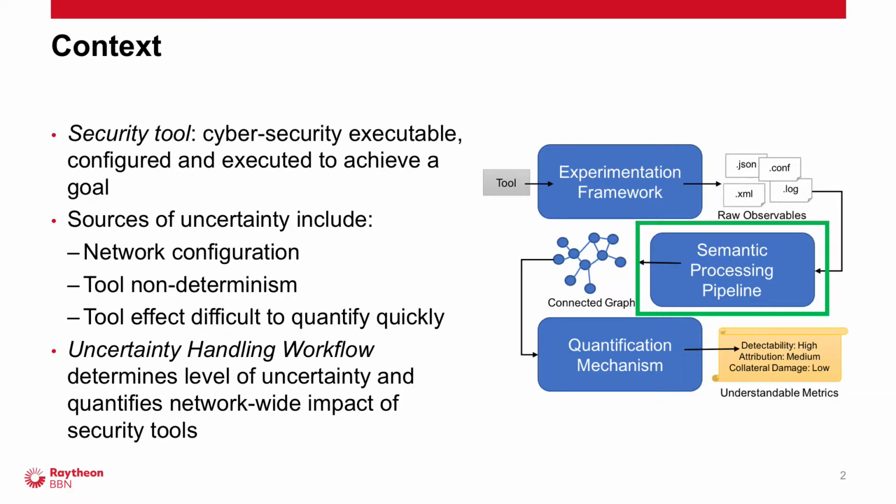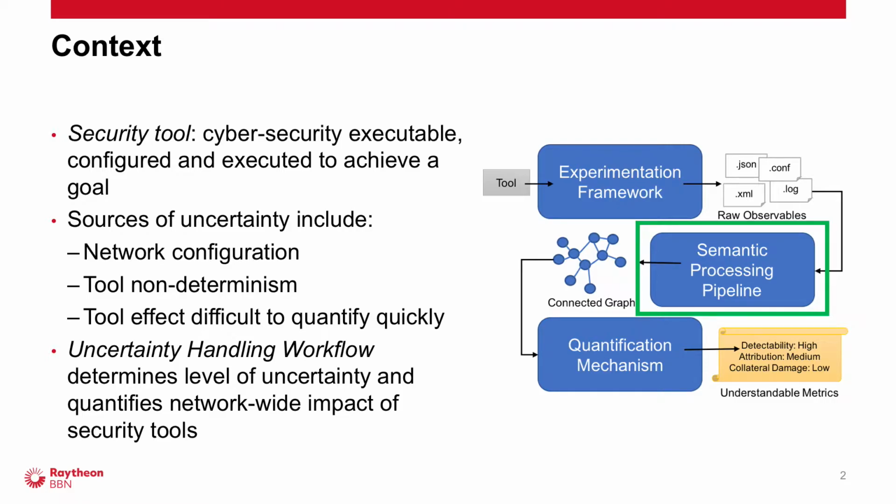Next, that goes into the quantification mechanism of the user's choice, which quantifies the level of uncertainty or probabilities associated with these metrics, some of which are shown in the scroll-like thing in the bottom right. Detectability, attribution, and collateral damage are 3 examples of metrics.